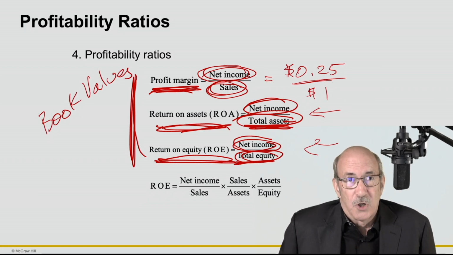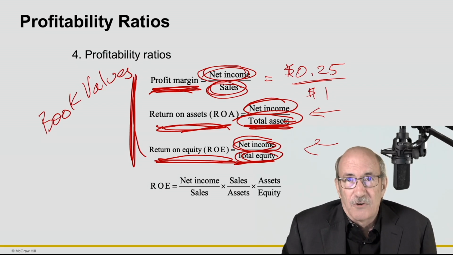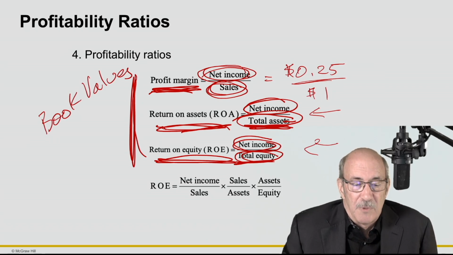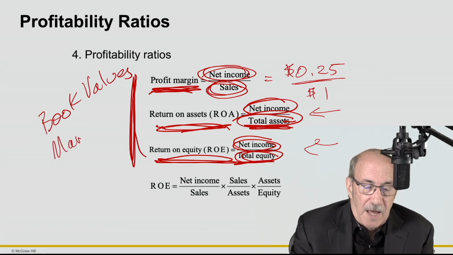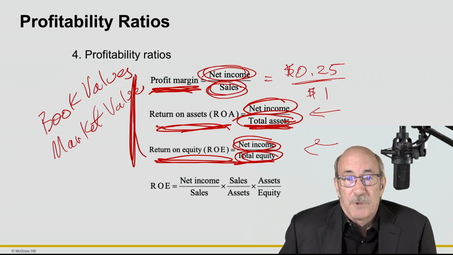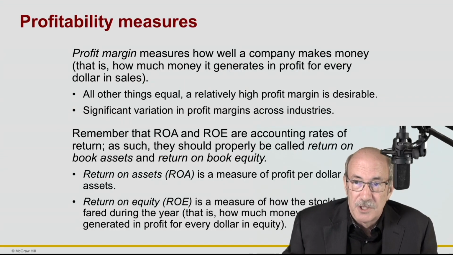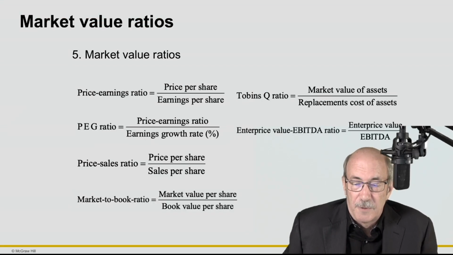That's what the total equity was back when we first issued that equity. Neither of those figures may be the same if we're talking about market values. And again, market values really are king. And we're going to be jumping to those in just a moment right now. Here's some additional notes on those profitability measures.